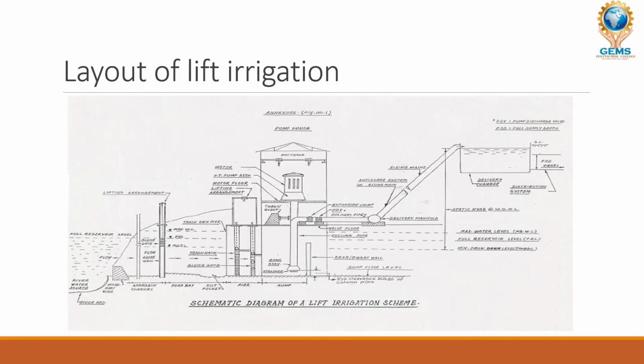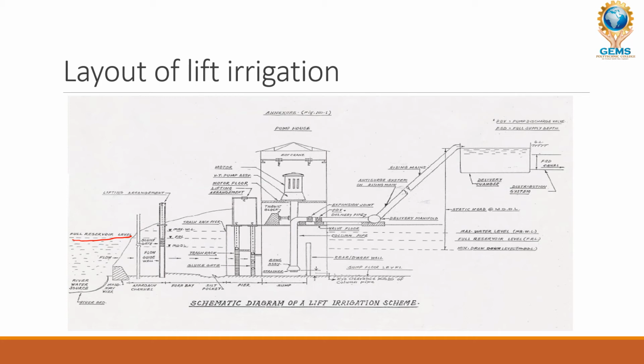This layout explains the lift irrigation procedure. You can see a diagram which represents how lift irrigation actually works, and I am going to explain what is happening. In the leftmost portion there is a full reservoir level water source, and a lifting arrangement is present a little nearby.